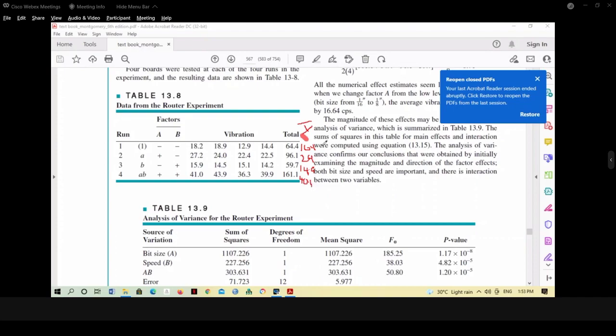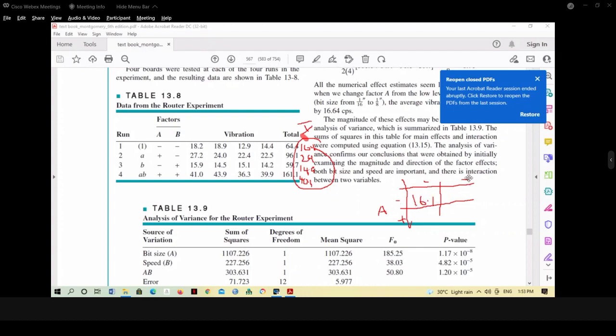So you use these values to construct the plot. A low, B low is 16.1.